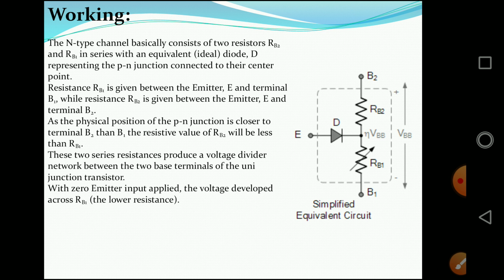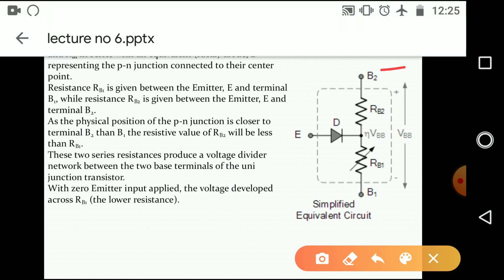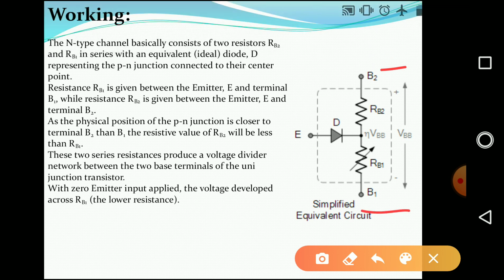While working with the UJT, first we need to remember that there are resistance values between the B2 and B1 terminals, because B2 and B1 are both connected to an N channel. To avoid a short circuit between B2 and B1, there is a provision of two resistances, RB2 and RB1.